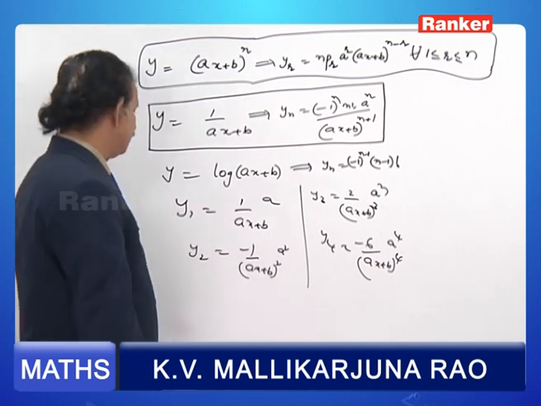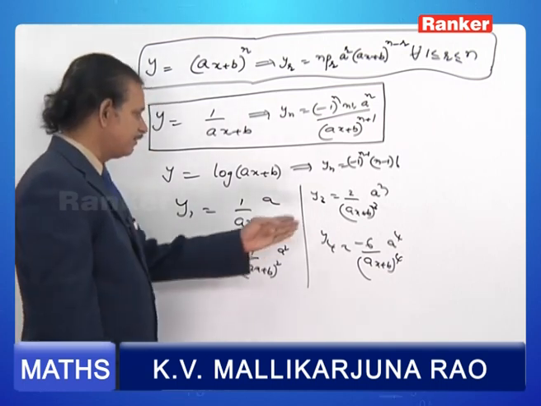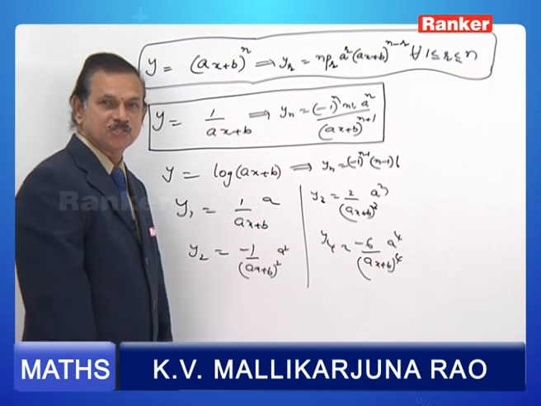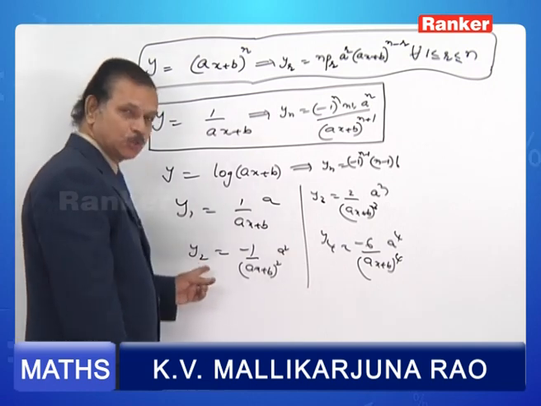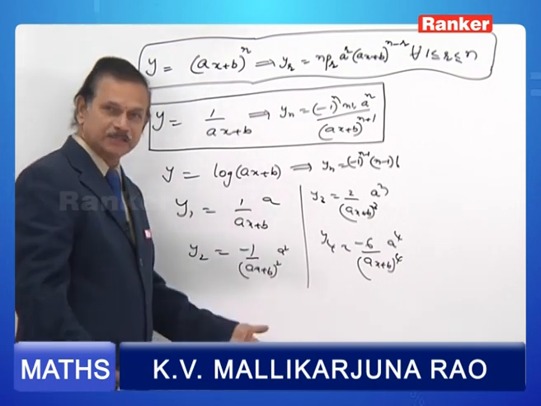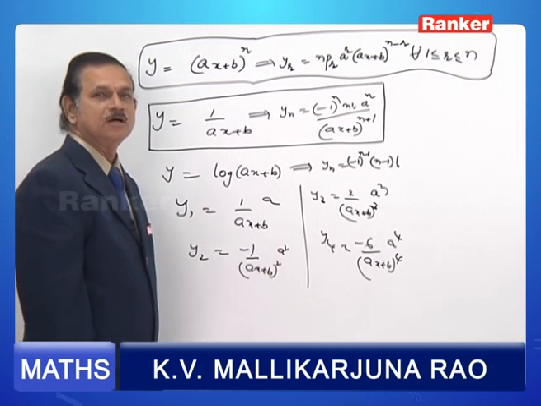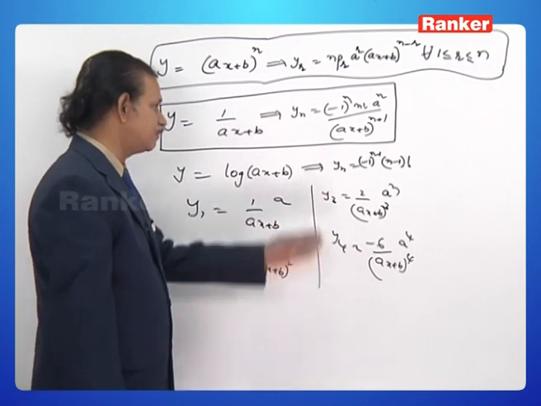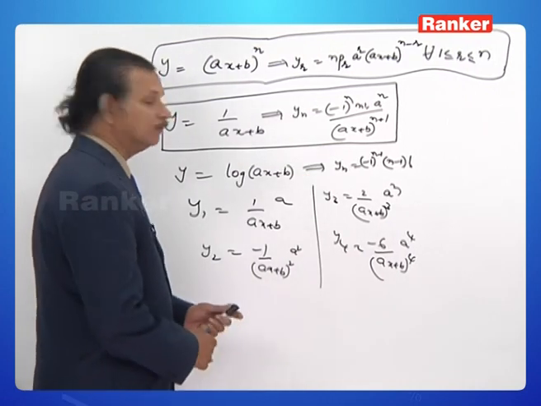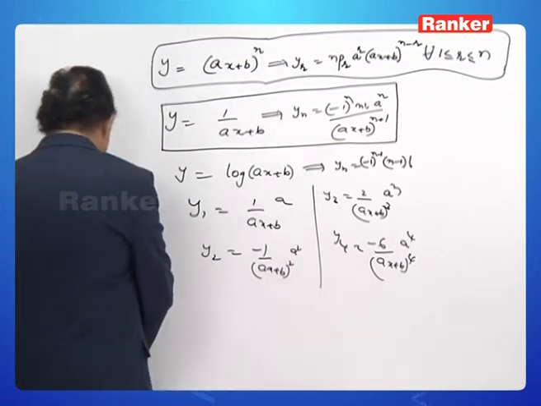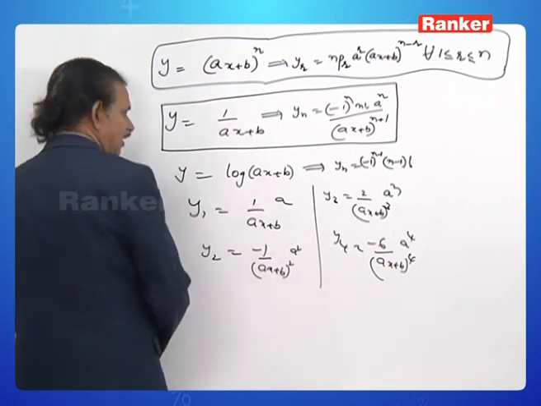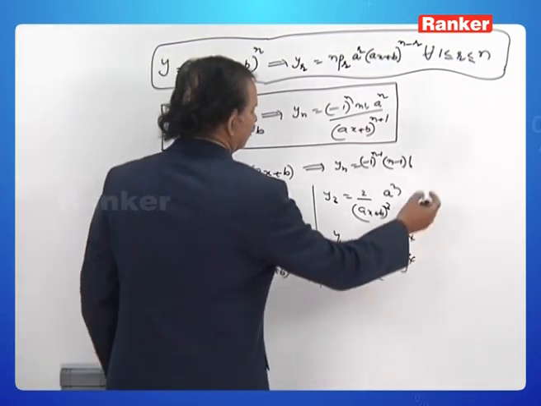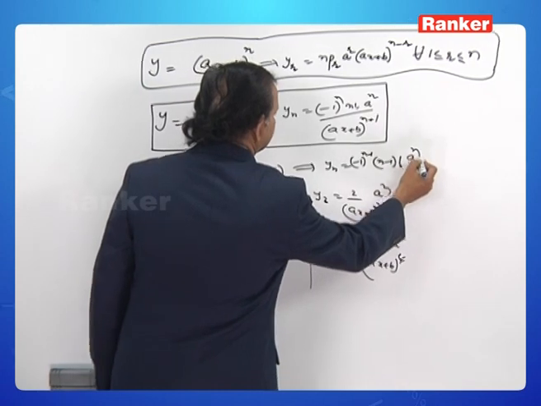You can observe that. First derivative, positive. Third derivative, positive. Fifth derivative, positive. Second order derivative, that is y2, negative. y4, negative. y6, negative. In order to preserve that concept, we put (minus 1) whole power n minus 1 in the numerator. And the remaining things are very simple. As usual, a power n also becomes part of the numerator.